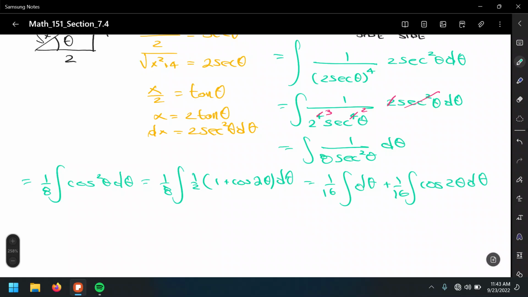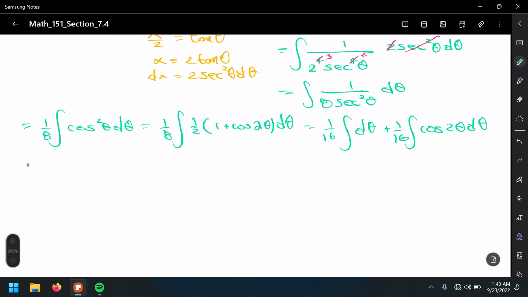So let's see. What's next? Integrate 1/16, integral of, not integral, that's just theta, and 1/, what's the integral of cosine again? Sine. Notice the space I'm leaving here for the correction factor, that's 1/2, and simplify: 1/16 theta plus 1/32 sine 2 theta.